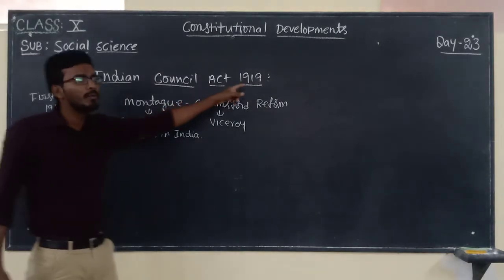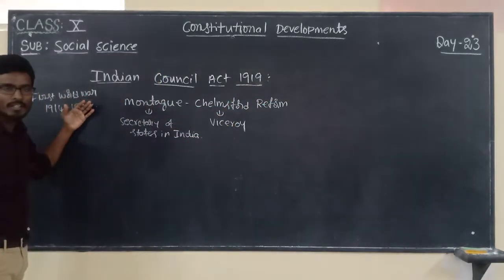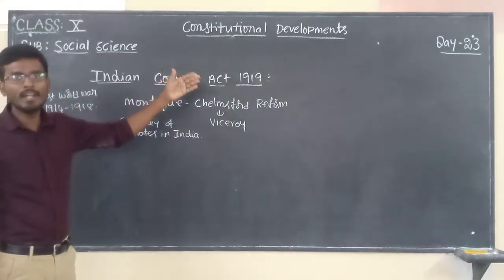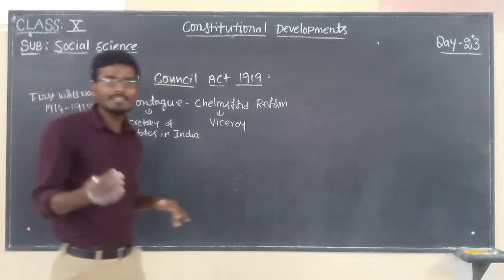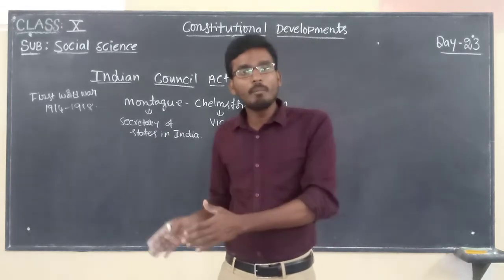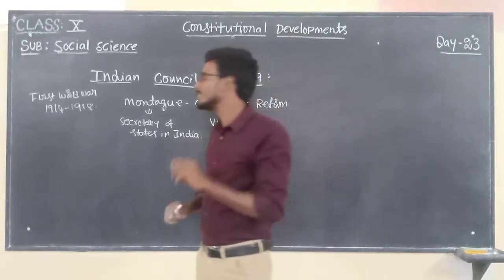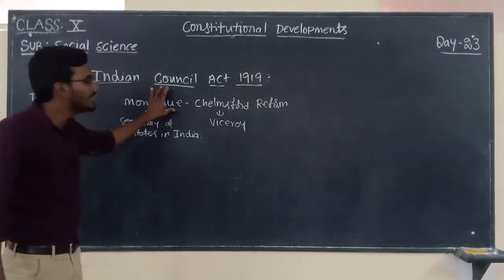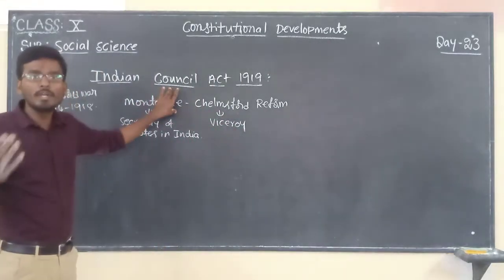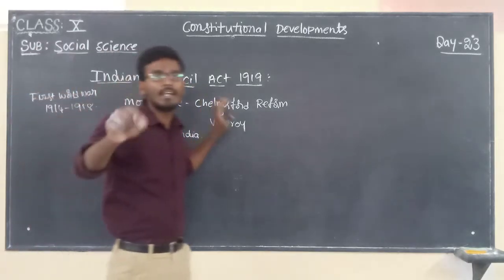This act came into force in 1919, after the end of the First World War. So Indians actively participated in the First World War by supporting the British. That is the reason why Montague argued in the British government in favor of Indians.